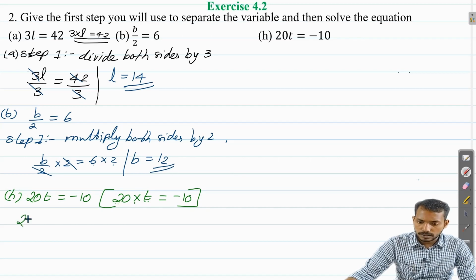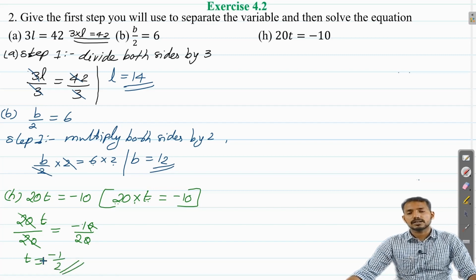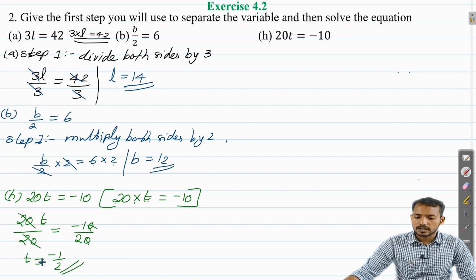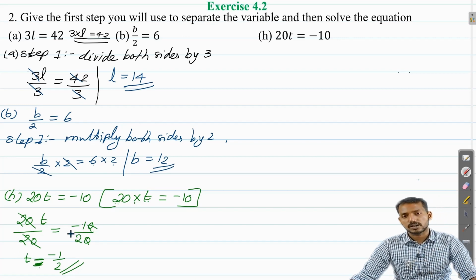So 20t divided by 20, which is equal to minus 10 divided by 20. 20 cancelled, t is equal to minus 1 by 2, which cannot be simplified further. So t is equal to minus 1 by 2. That is the solution of this equation.